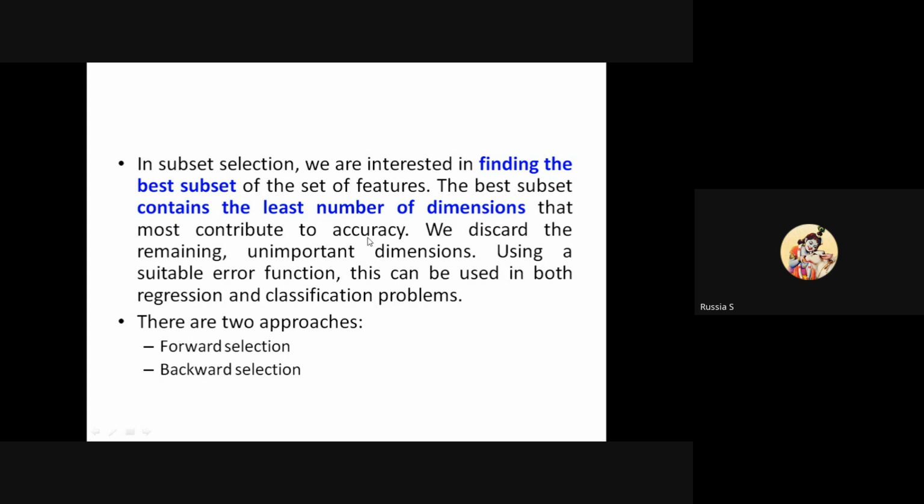We never compromise the accuracy. We discard the remaining unimportant dimensions, using a suitable error function, which can be used in a classification problem. There are two approaches in subset selection: one is forward selection, another is backward selection.